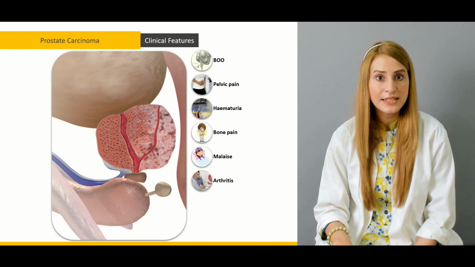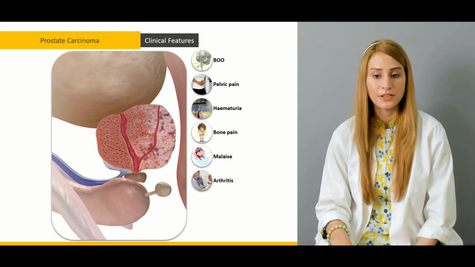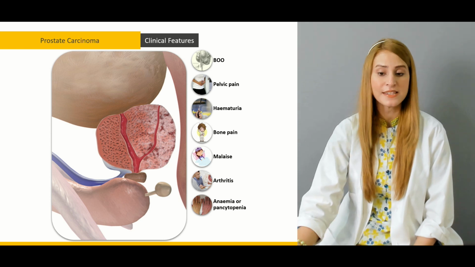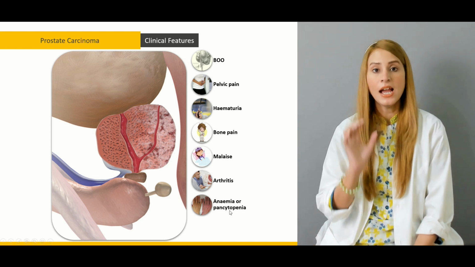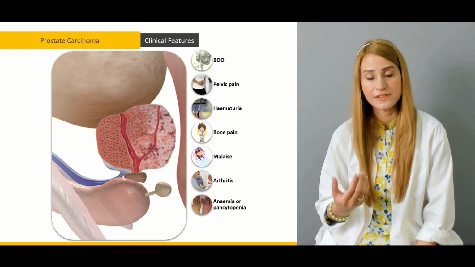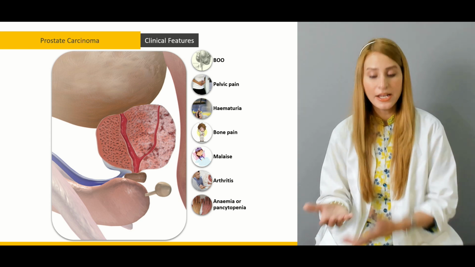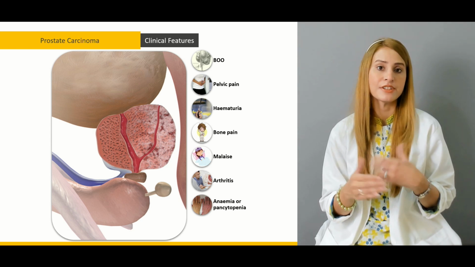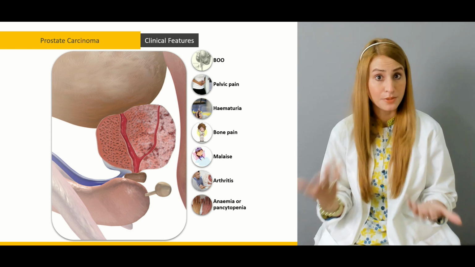There can be malaise. Again, it's a finding of all cancers. There can be arthritis. There can be anemia or pancytopenia. This is something very important to know. Whenever the malignant cancer cells or the metastatic cells are invading the bone marrow, they replace the normal bone marrow cells which are responsible for the process of hematopoiesis.